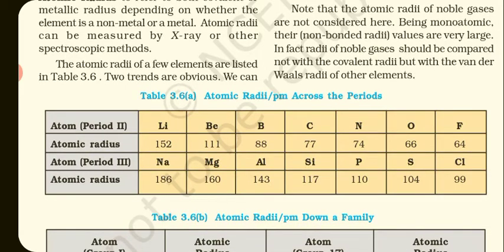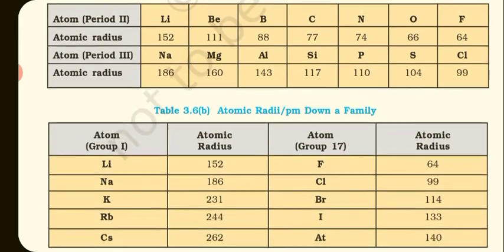Note that the atomic radii of noble gases are not considered here. Being monatomic, their non-bonded radii values are very large. In fact, the radii of noble gases should be compared not with covalent radii but with the van der Waals radii of the other elements.